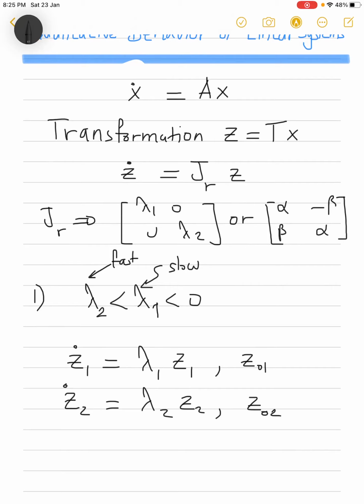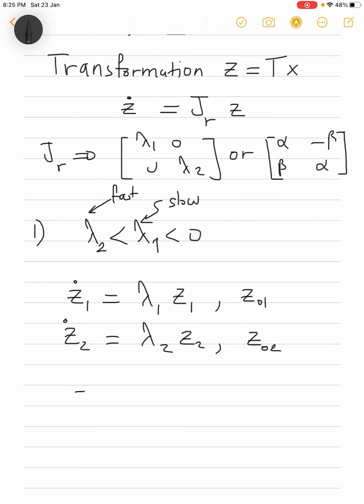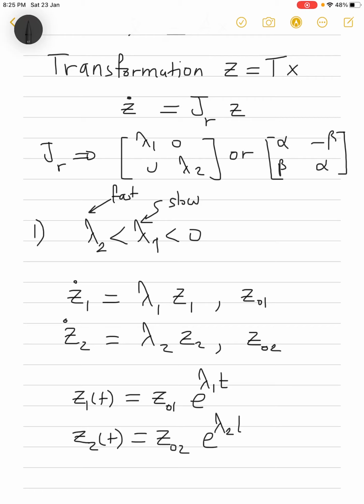In that case, we can solve the equations easily, and the result would be z1 of t equal to the initial condition times exponential lambda 1 t, and z2 of t would be the initial condition times exponential lambda 2 t.